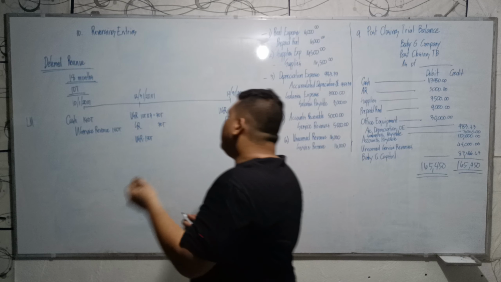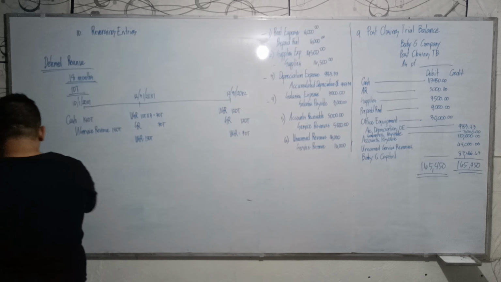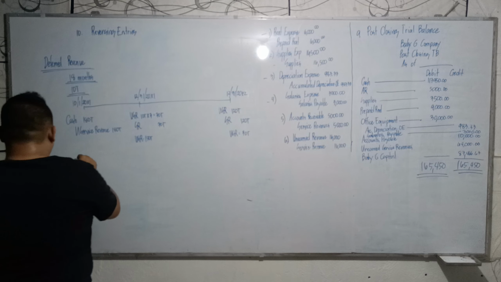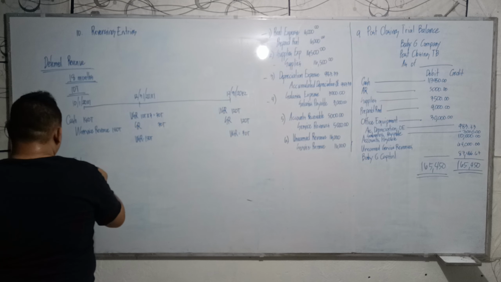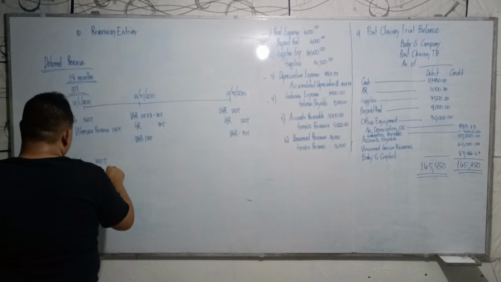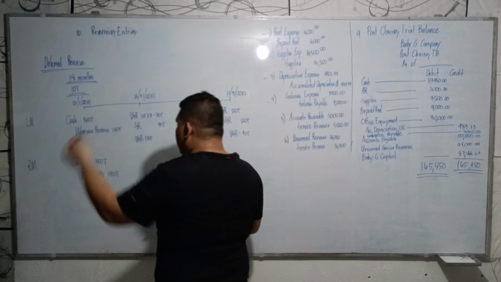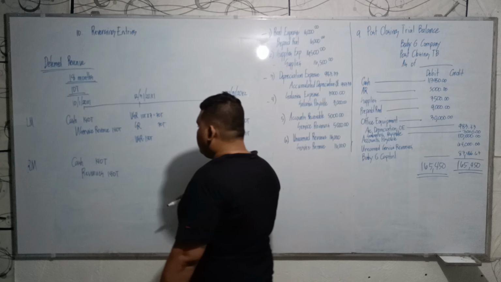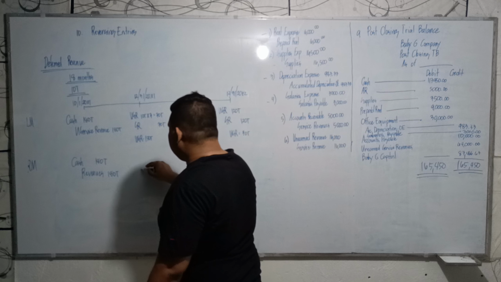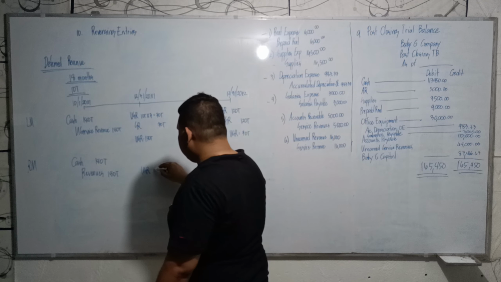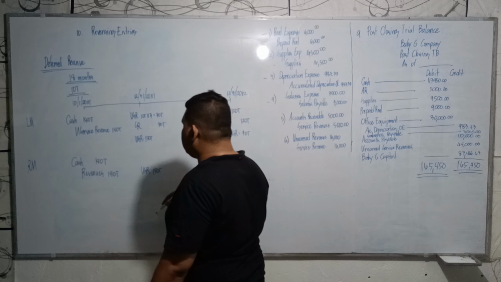The only problem is when you use the revenue method. Why? It is because in the first year, you recognize this immediately as revenues, 180,000. But at the end of the year, you have to recognize the unexpired, or the unearned service revenues, 150,000.